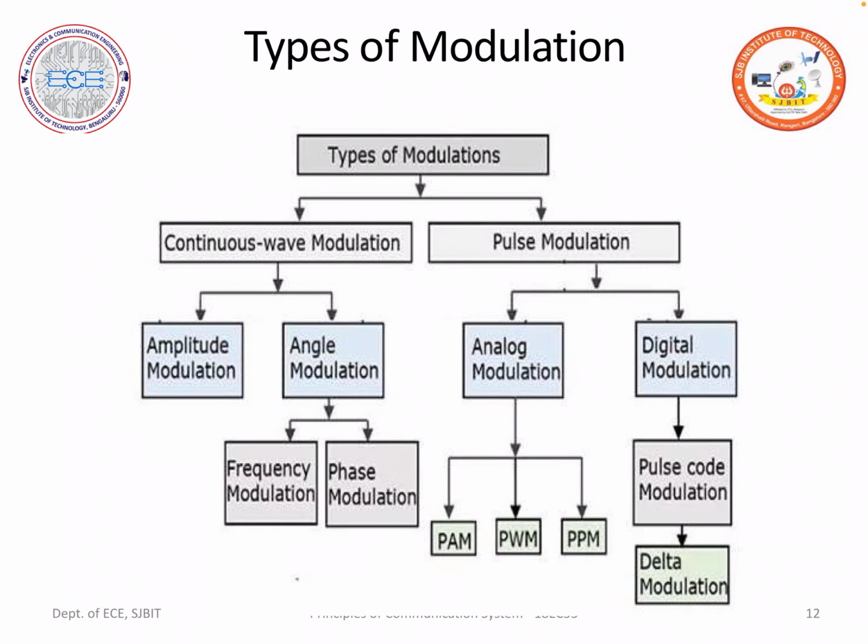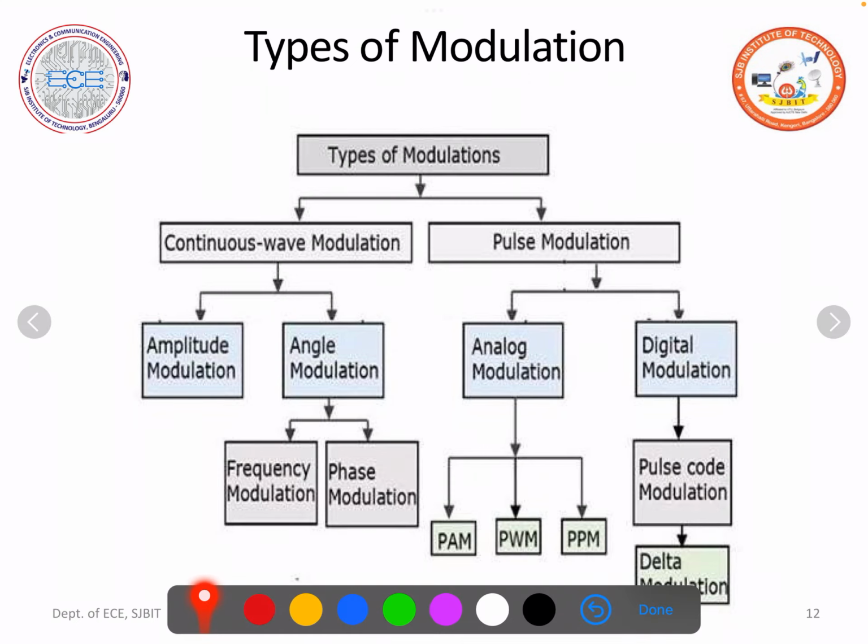First, we'll understand what are the types of modulation available. Broadly, we can classify the modulation into two types. One is continuous wave modulation, another one is pulse modulation. Continuous wave means analog modulations.